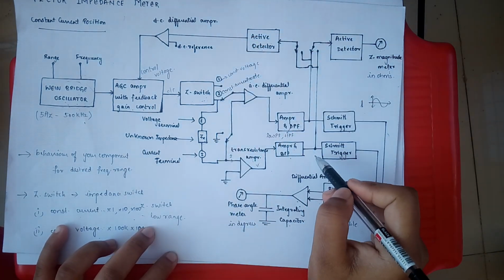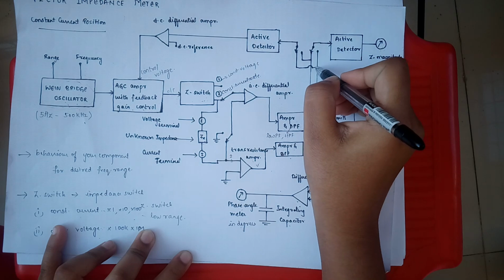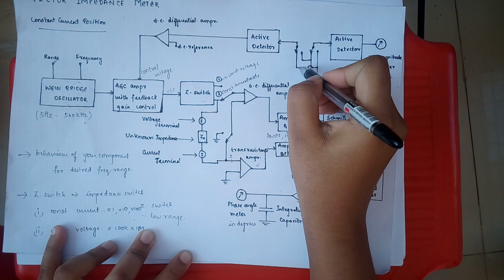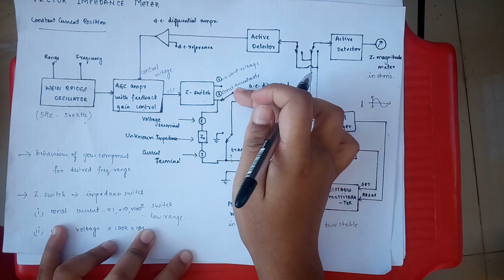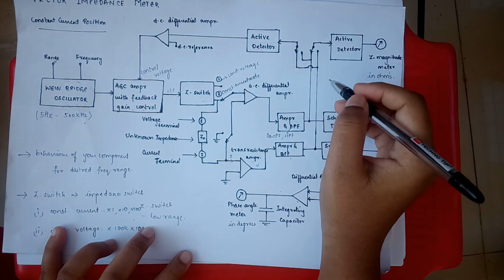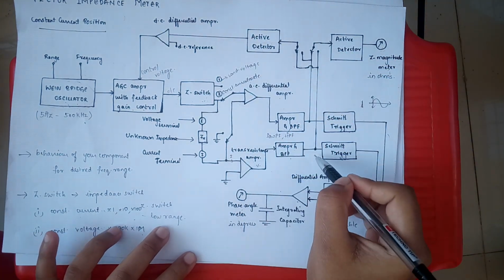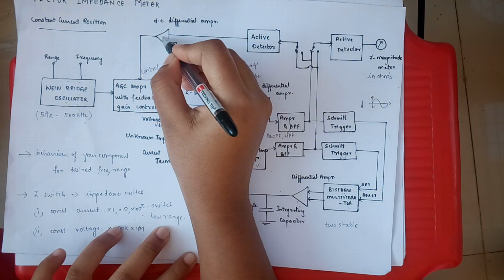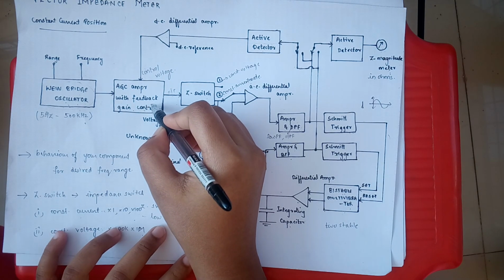Okay, now if you trace this path back, go along like this. If you can see, you have a loop over here. It's nothing but your feedback loop, and here you have the trans resistance amplifier which is connected in feedback to the automatic gain control block.